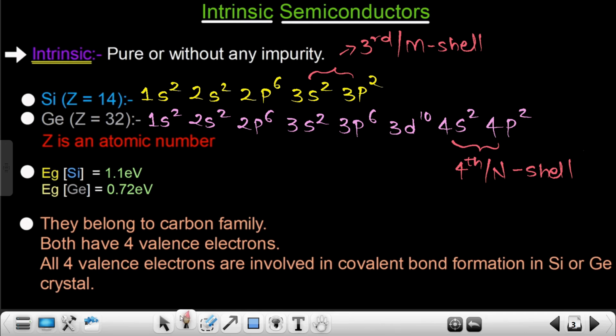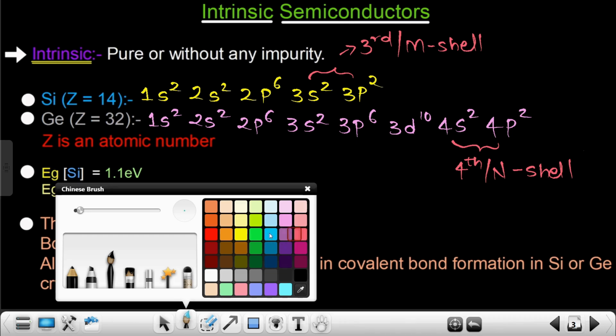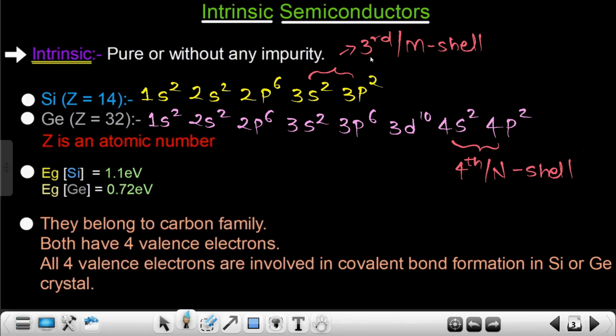But the point to notice over here is this. Have a look at the third shell, the outermost shell of silicon. In the outermost shell of silicon we have 4 electrons, right?